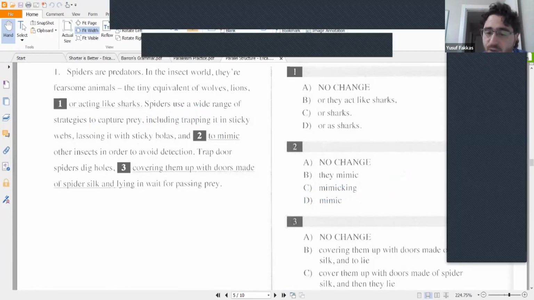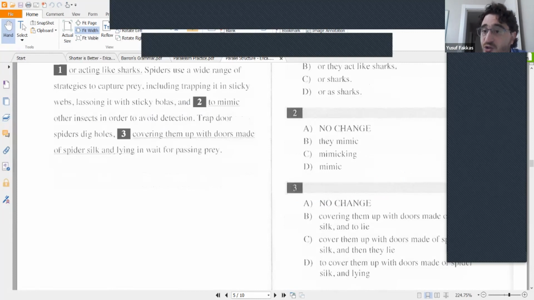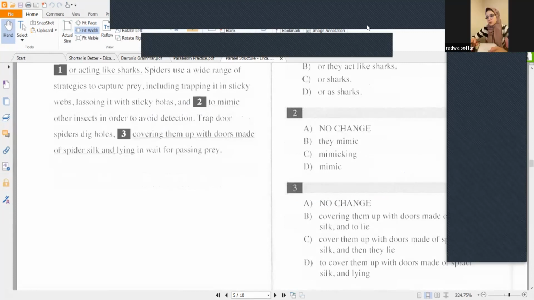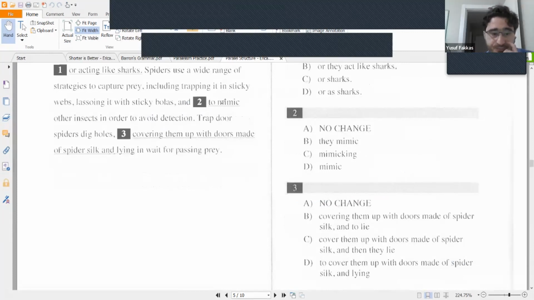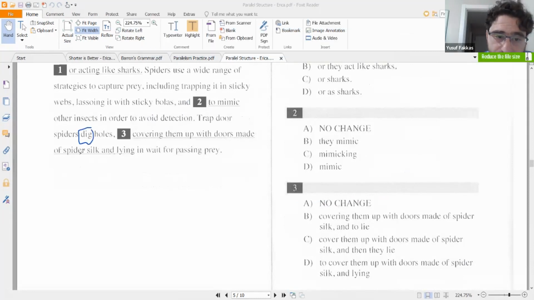Now look, number 3 is actually tricky. Okay, you need to focus. Look, trapdoor spiders dig holes, covering them up with doors made of spider silk and lying in wait for passing prey. If we look at the verb here, it's base form, right?